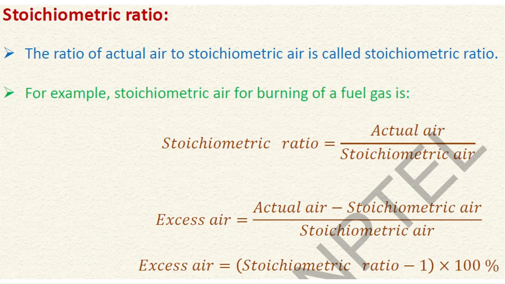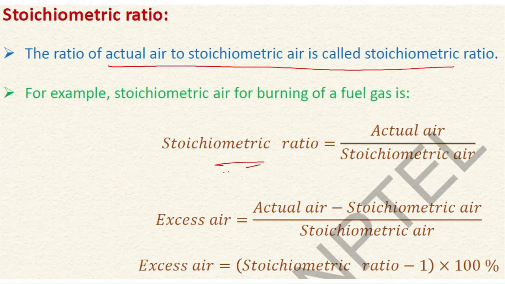So coming on to the stoichiometric ratio, the ratio of actual air to stoichiometric air is called the stoichiometric ratio. And excess air is actual air minus stoichiometric air upon stoichiometric air.